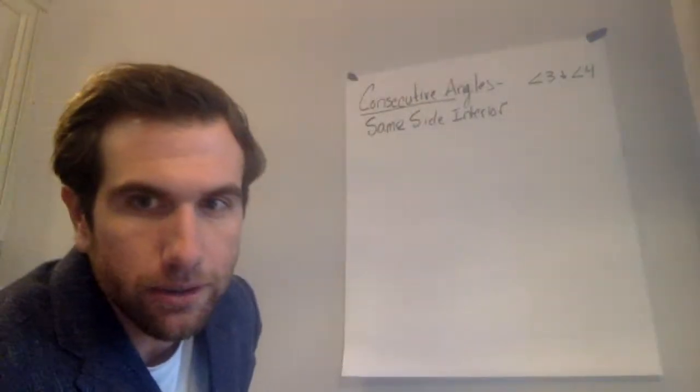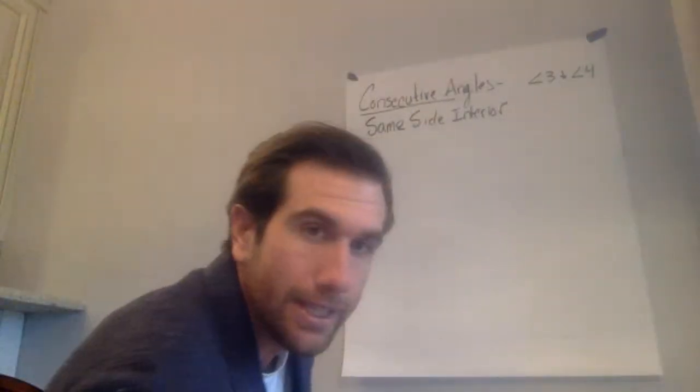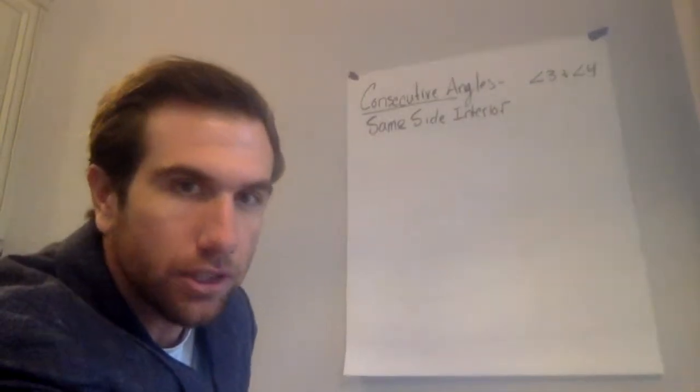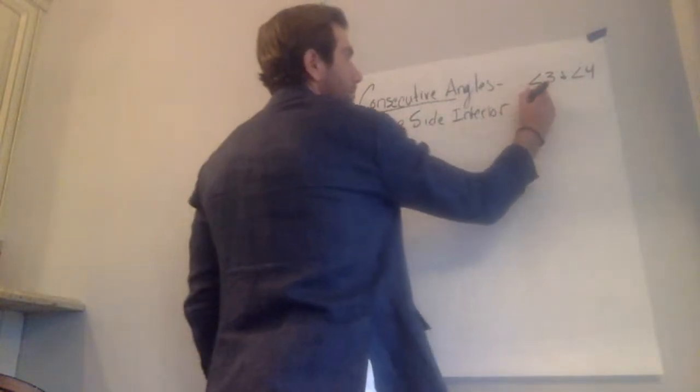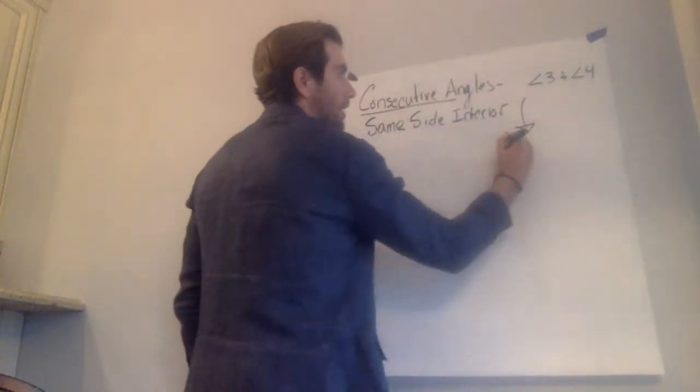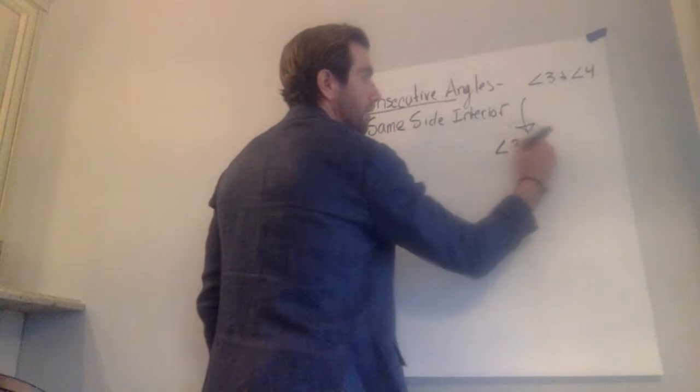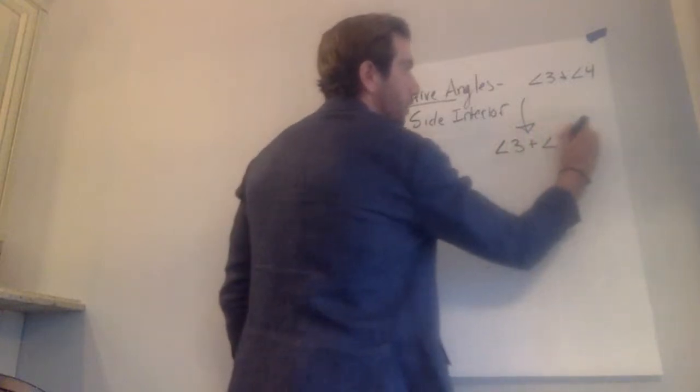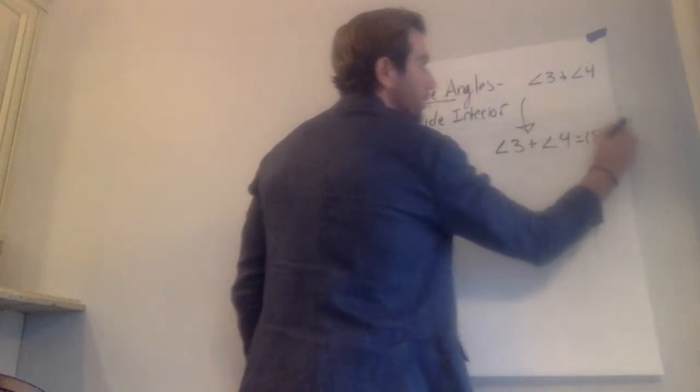And guys, you know what's crazy about consecutive angles? Consecutive angles aren't equal like the other three I just talked about. Consecutive angles are special because guess what they do? Angle 3 plus angle 4 will equal 180 degrees.